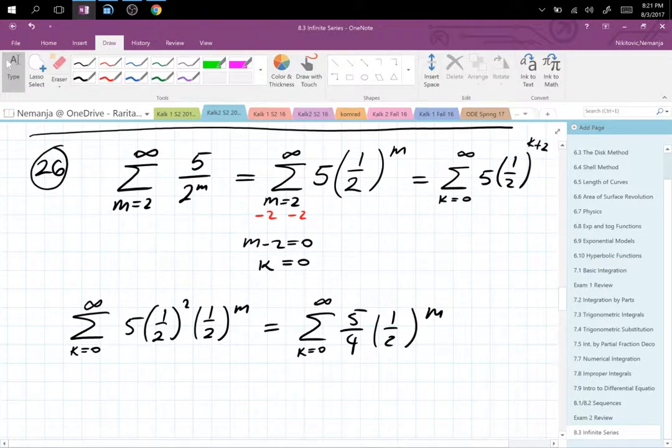It doesn't make sense how you got the k equals 0. Actually, what I wanted to write there is that m minus 2 is k. There we go, I'm defining a substitution. That's the definition.